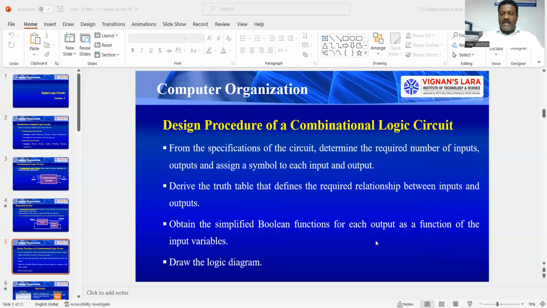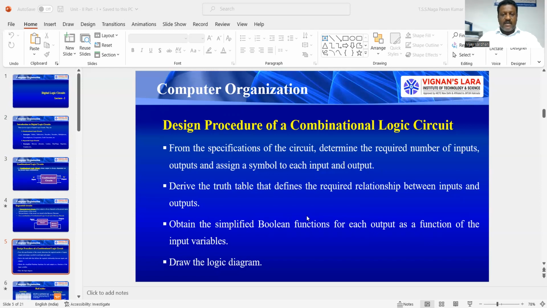Now, we'll see how to design a combinational logic circuit. If I want to design a combinational logic circuit, I should follow a fixed procedure. It consists of different steps. My first step is, from the specifications of the circuit, determine the required number of inputs and outputs, and assign symbols to each and every input as well as output of our circuit.